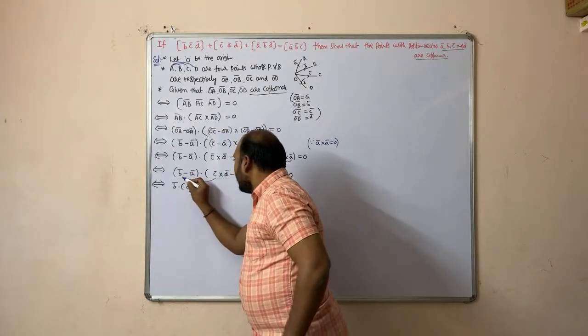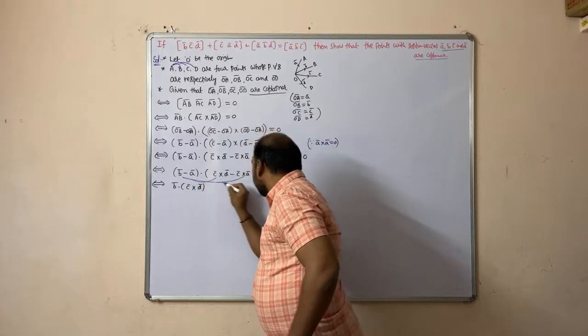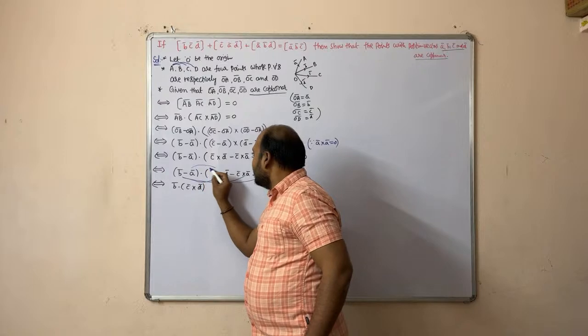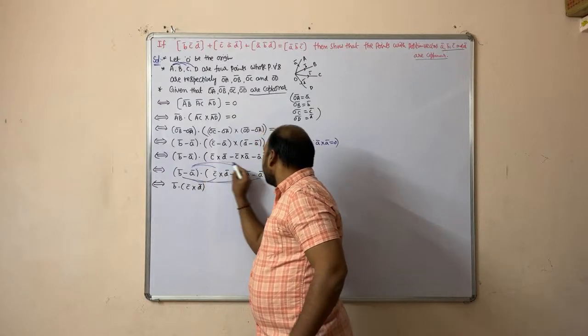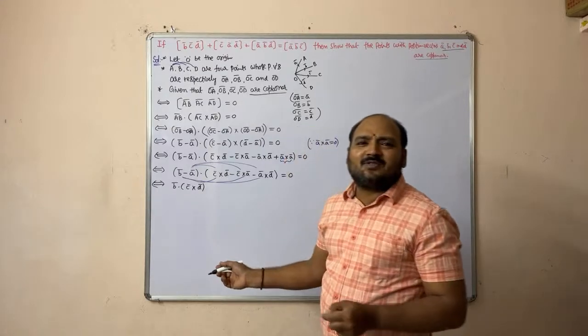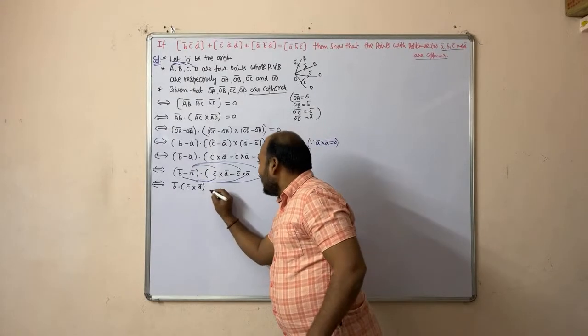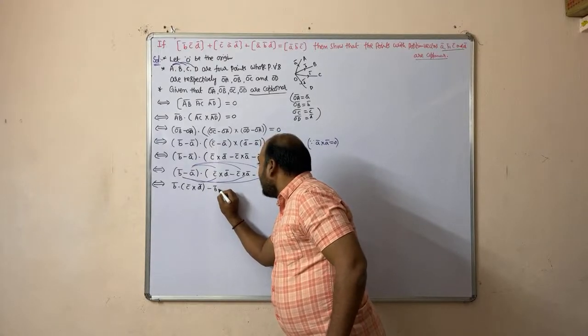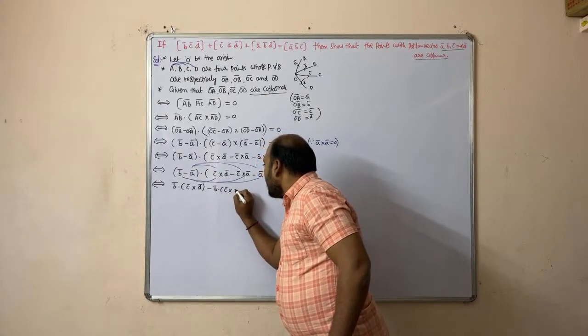These two, next these two, next these two, like this. In the next step, these two and these two. This is the way you can learn, dear students, easy to get it. Minus, next step, minus B bar dot C bar cross A bar.